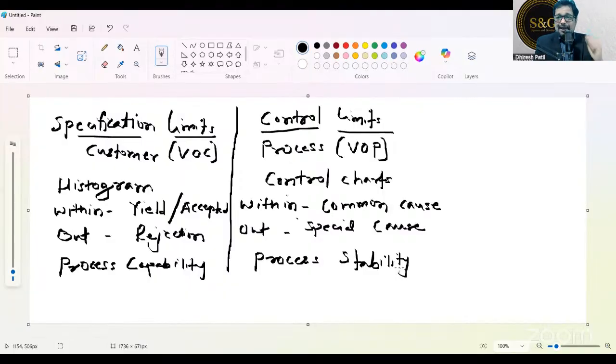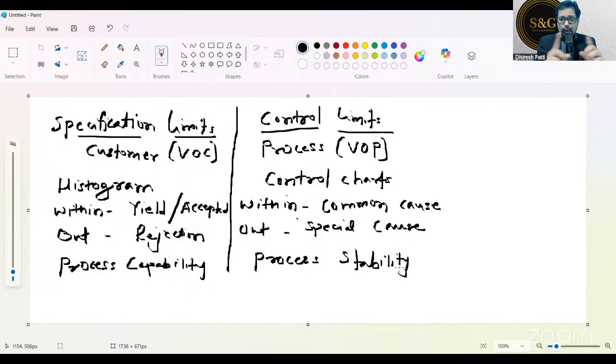And what is stability? Ability of the process to remain within control limits. It's called stability. Ability of the process to remain within common cause variation or within control limit. Clear? One is showing the stability, other is showing the capability.